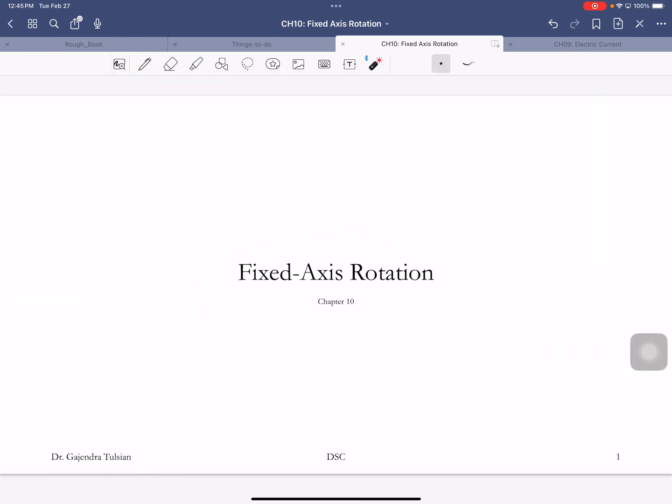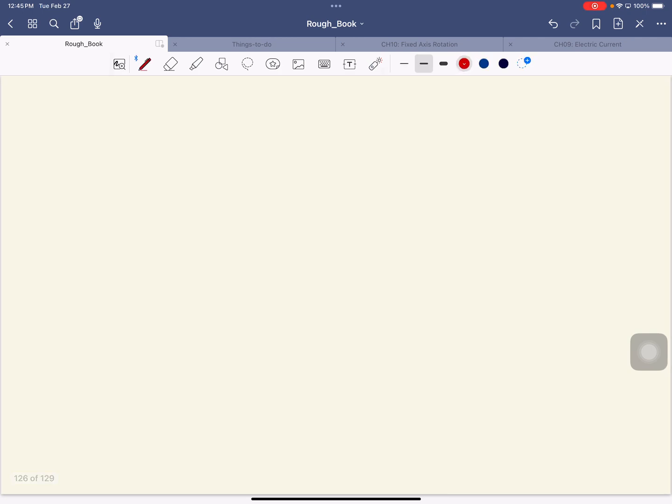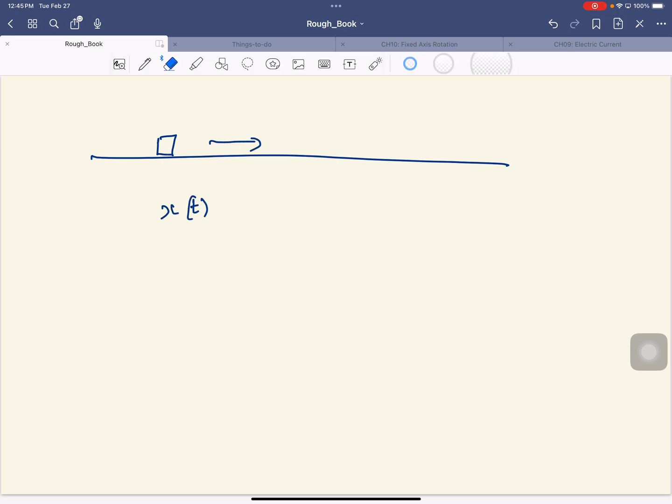Now here's the deal. Everything you learned about motion in one dimension, this motion was described by that. Velocity was given by dx by dt.